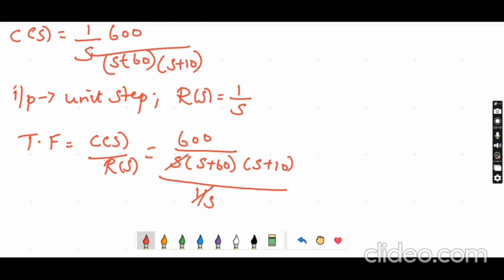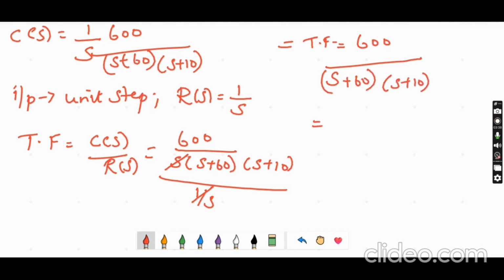The transfer function C of S by R of S now becomes 600 divided by S plus 60 multiplied by S plus 10. If we multiply the denominator terms, it becomes 600 divided by S square plus 70S plus 600. This is the final transfer function we have arrived at for the given response C of t.